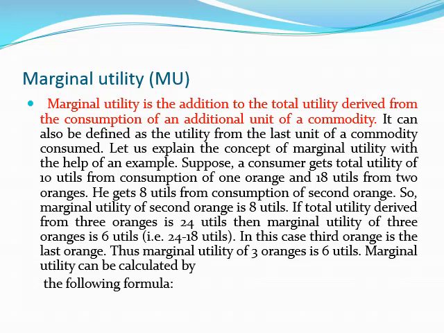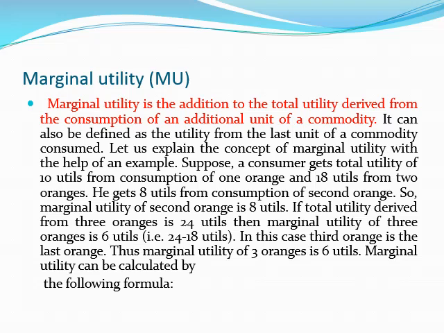Suppose a consumer gets total utility of 10 utils from consumption of 1 orange and 18 utils from consumption of 2 oranges. He gets 8 utils from consumption of the second orange.